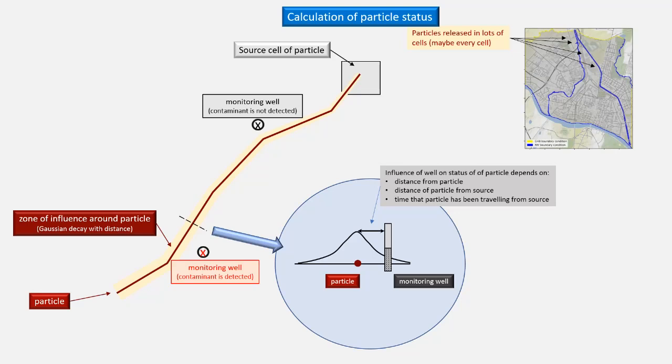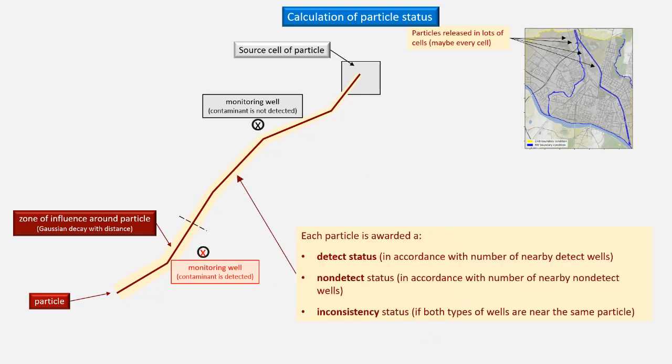We add to our observation data set an observation pertaining to every single particle that we release in the model domain. And that is the observation that its inconsistency status is 0. So PEST is then able to adjust hydraulic property fields so that we fit heads and that no particle has a non-zero inconsistency status, which means it passes close to one or more detect wells, close to one or more non-detect wells, past to neither, but not close to both.